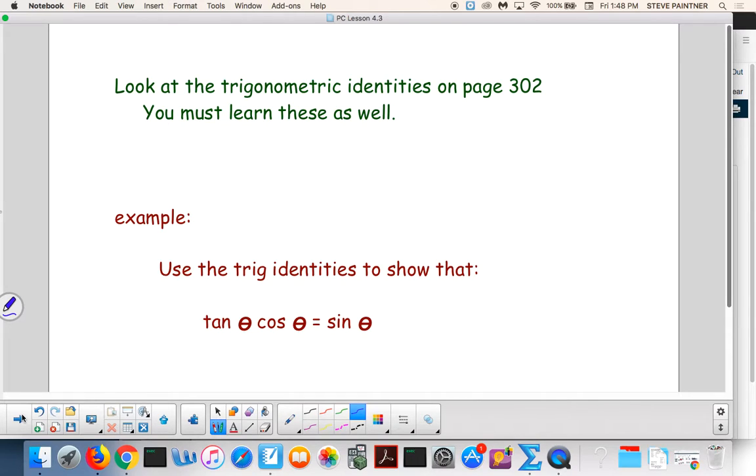Next. You're supposed to go to page 302, and you must learn these: look at your trig identities. Let's just talk. It's not hard. You already know some of them. Here's one. Sine of theta equals what? 1 over what?